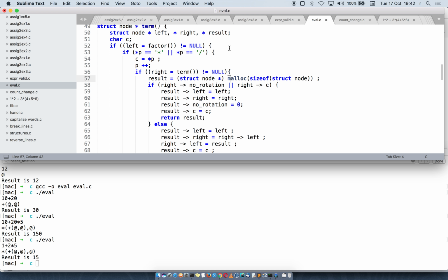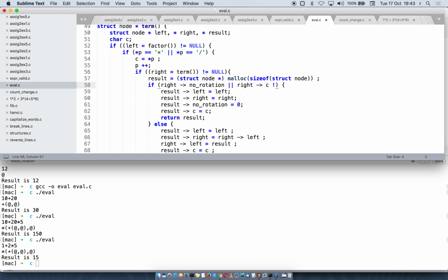Whenever I have a term which is a plus or minus, if on the right I have star or division, then I also don't need to perform the rotation, because it's a higher precedence operator.